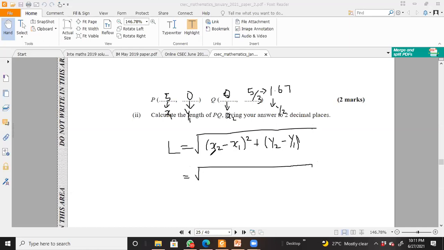So we put in the x2. X should have been 0, right? 0 minus x1. X1 is what? 5. All right. Square, plus y2. Y2 is what? 1.67, minus y1, which is 0, then square.